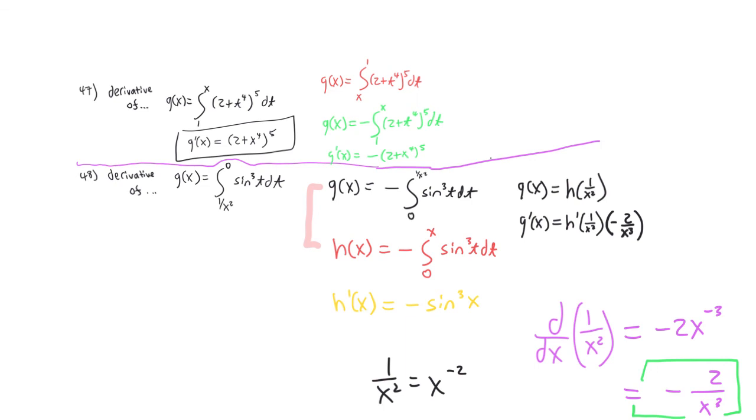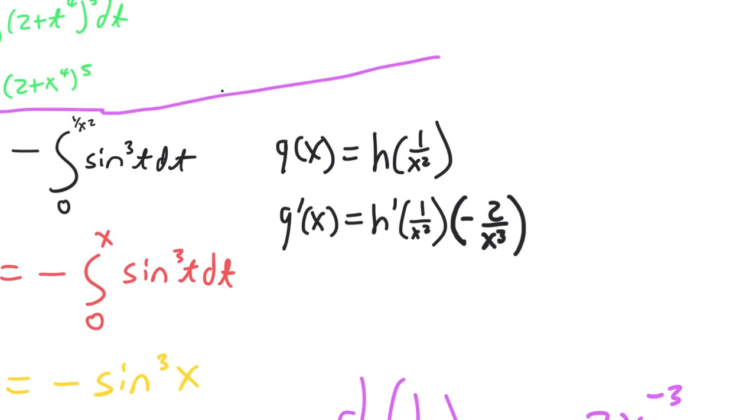So you might be wondering, okay, great, but what the heck is this? Well, we already found it. It's this, only replacing x with 1 over x squared. Because this is the derivative of h of x, it's the derivative of h of 1 over x squared. So we're just going to replace this x with a 1 over x squared. So let's do that now. Equals, and I'll use some parentheses there.